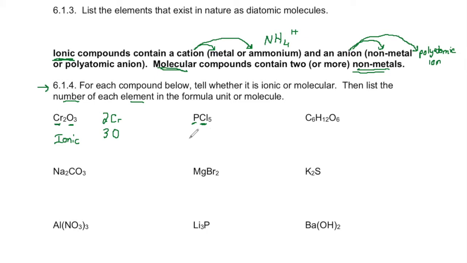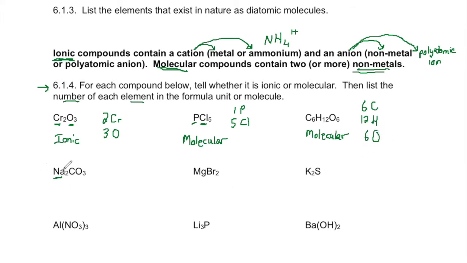So this is a molecule or a molecular compound, and it has 1 phosphorus and 5 chlorine. This one also has all nonmetals in it. There's no possible cation here, so we have to have a molecule. And this one has 6 carbons, 12 hydrogens, and 6 oxygens.